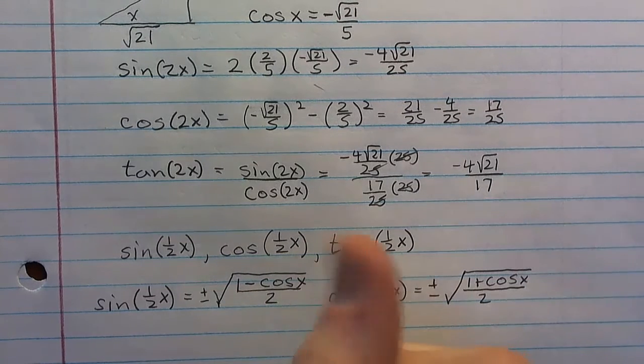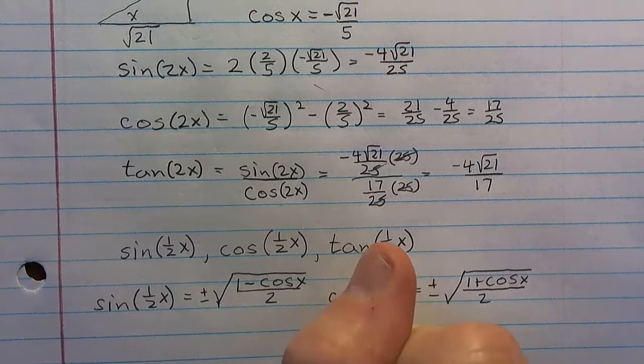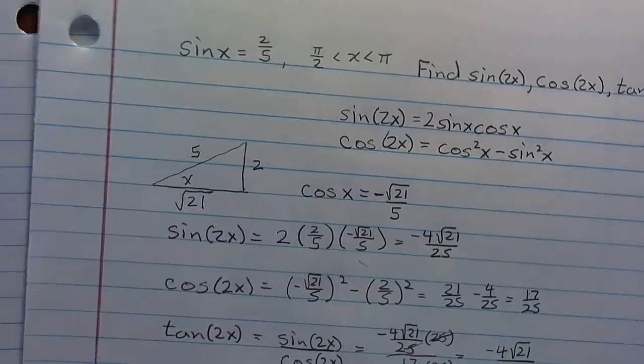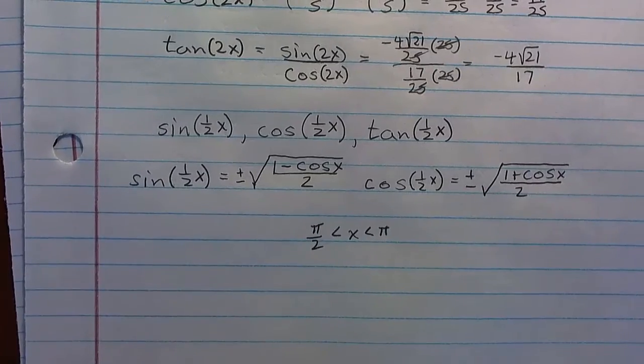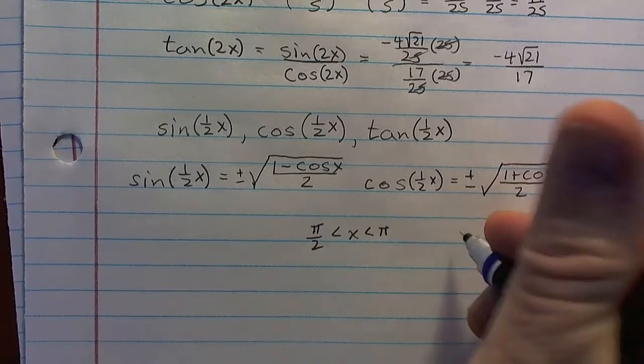Well, you got to remember that x is given to us as being in quadrant 2. They gave us that at the very beginning. So the question is, where is 1/2 x? Let me just divide through by 2.